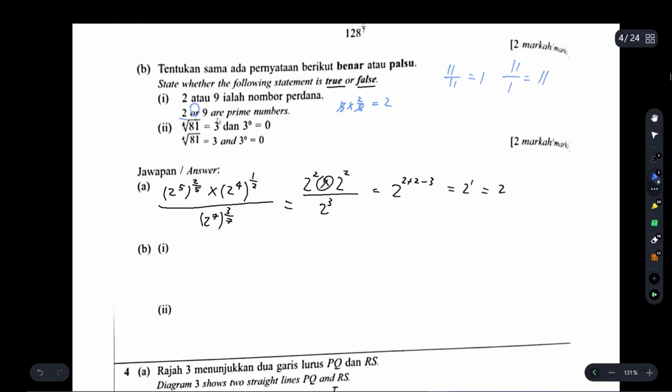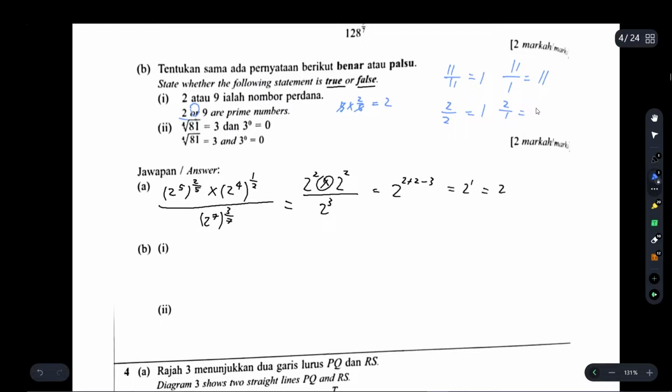If 2 is a prime number or 9 is a prime number, if one of them is true, then the rest of the statement is true. So if you remember, 2 is actually one of the prime numbers because it can only be divided by itself, and it can also be divided by 1.